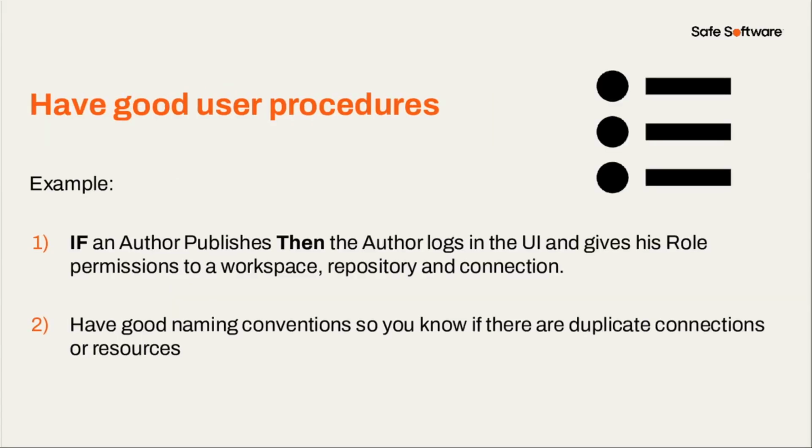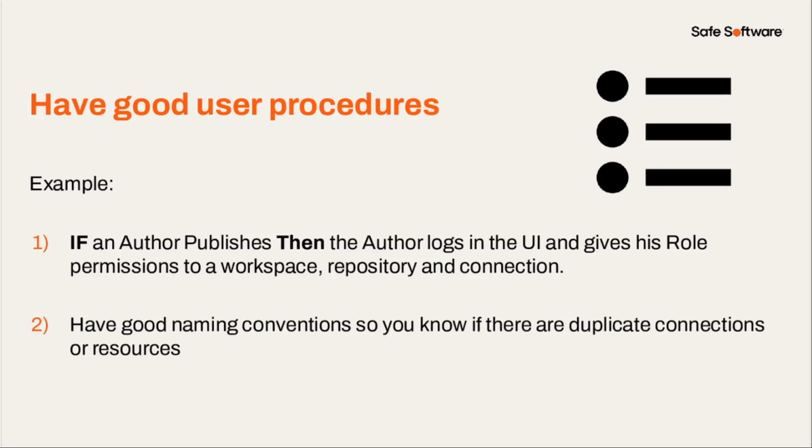The other thing on that side is to have good user procedures. So make sure everyone knows who's responsible for what part of it. So if you have an author and they publish to FME Flow, then maybe a policy is that author logs into the UI and gives his role permissions to the workspace, repositories, and connections that he's published.